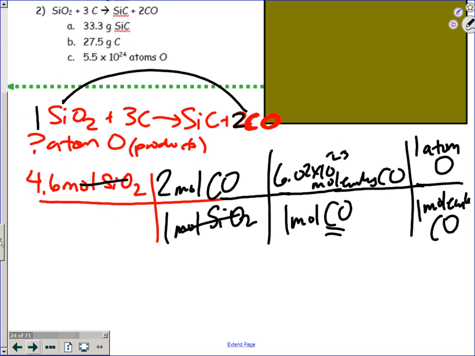So as we went, moles of silicon dioxide cancel, moles of carbon monoxide cancel, molecules of carbon monoxide cancel, leaving us with atoms of oxygen. Who got this? A couple of us. Okay, good. This is that Reese cup example. We're not really 2 Reese cups anymore, but it's just one thing inside of one other thing. All right, so debrief for the person next to you. You've got 30 seconds to ask any questions you need to on homework, and then we're going to move on.